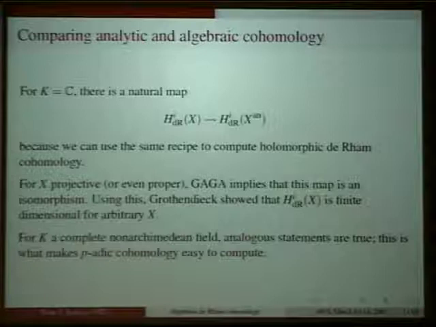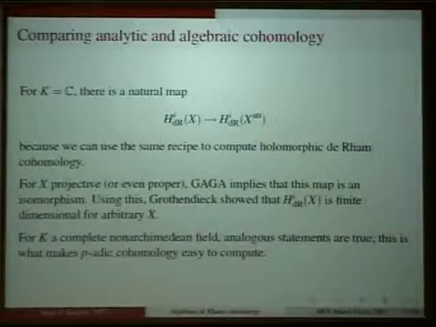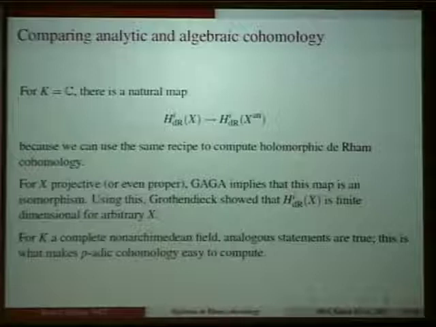So part of why Grothendieck did this, most of why Grothendieck did this originally, is that he was thinking about the cohomology of algebraic varieties over C and their de Rham cohomology, which had originally been understood in analytic terms. The holomorphic de Rham cohomology that I referred to earlier, you could think of it nowadays as exactly the same construction as I gave, but using analytic sheaves rather than algebraic sheaves.